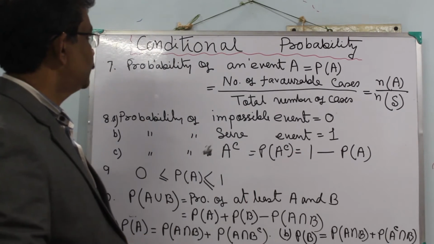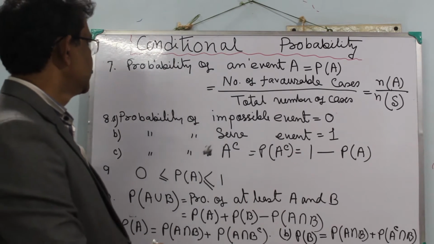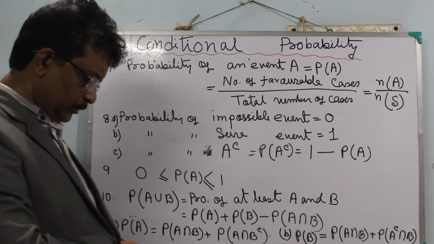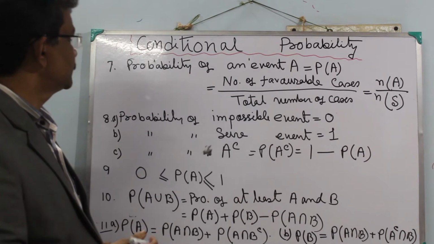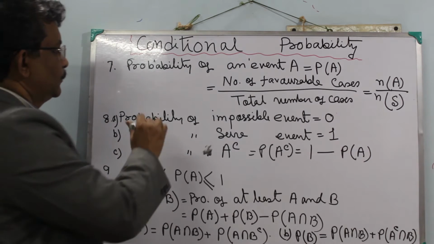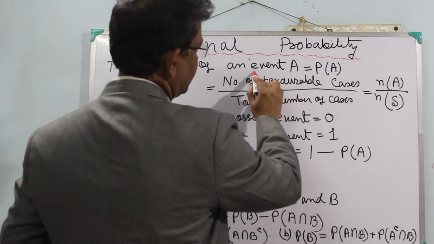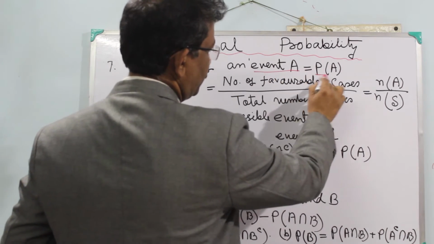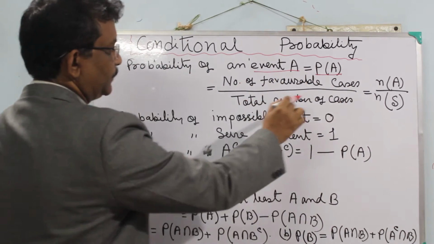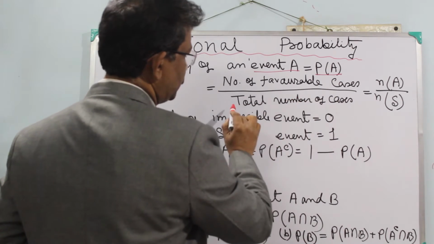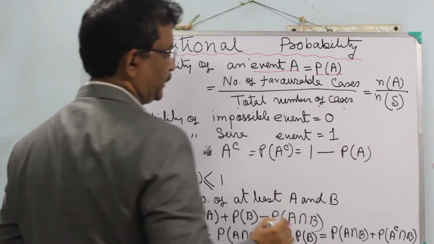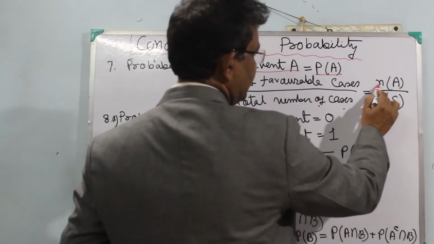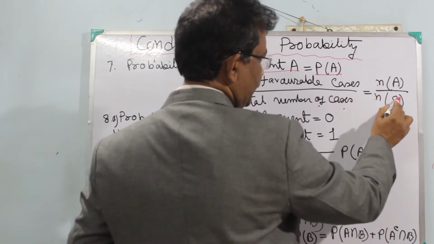Number 7, probability of an event. This is very common, you have read it in class 11. Probability of an event A is denoted by P(A), number of favorable cases divided by total number of cases. So N(A) divided by N(S).